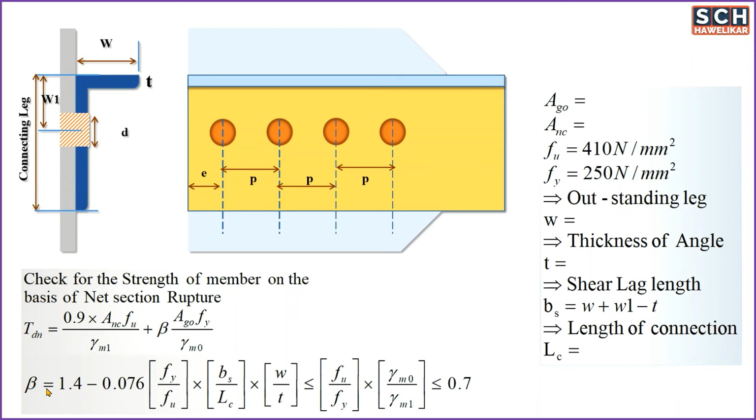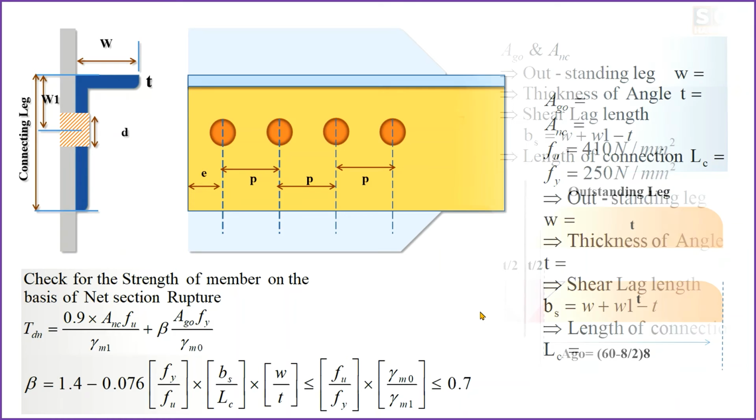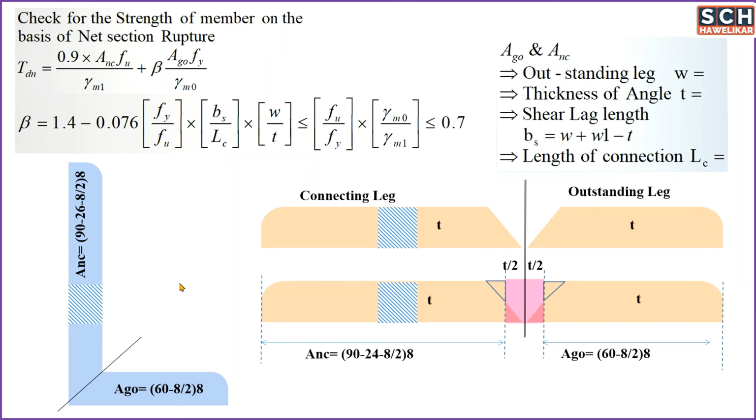It means the value of beta must be between 0.7 and Fu by Fy into gamma m0 by gamma m1. We'll see how this formula Bs equals W plus W1 minus T comes about. Particularly for that part, I have shown two diagrams here.